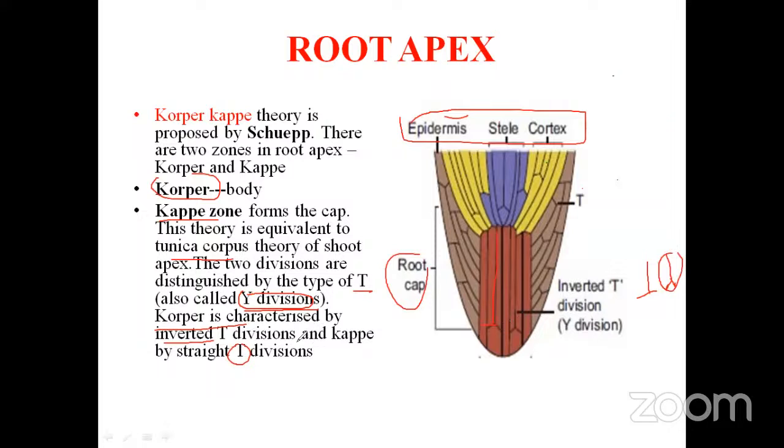So these cells present in Tunica and Corpus show the T division. Like this, the Corpus division. This one.